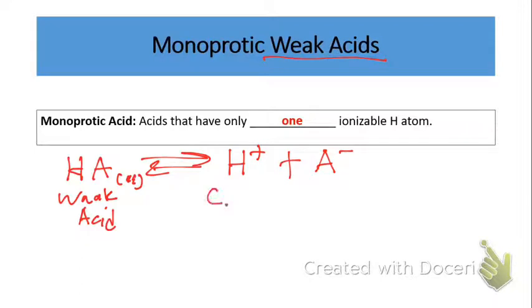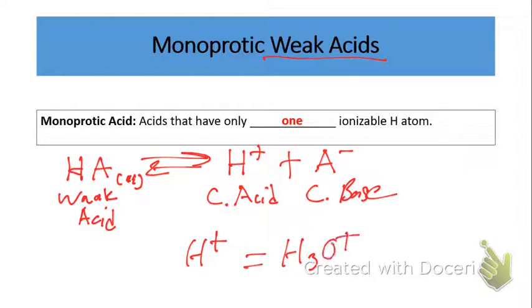So this is our conjugate acid and our conjugate base. And remember that H plus really is the hydronium ion, just simplified down. We're just assuming we know that the base is water, and so we can make that assumption.